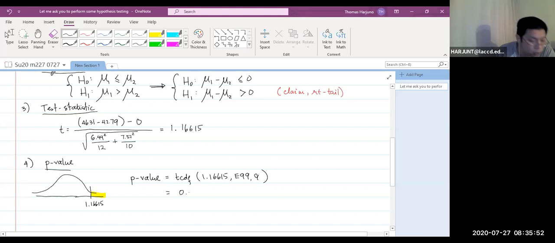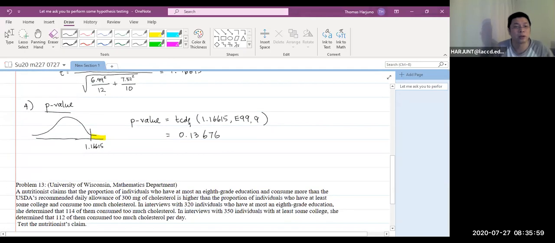Oh, that's not small. It's 0.13676. Then fail to reject the null hypothesis.